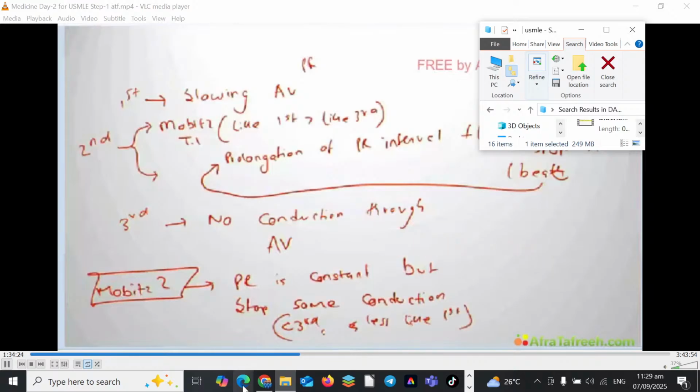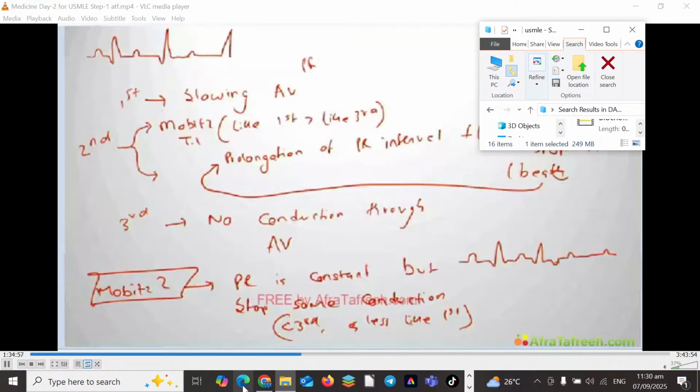Is it clear? So the PR interval is constant, but suddenly it will not conduct a particular beat. In Mobitz type 1, the PR interval will keep on increasing. That is, first it would be this much PR interval, then this much, then this much, and then there would be no QRS complex.